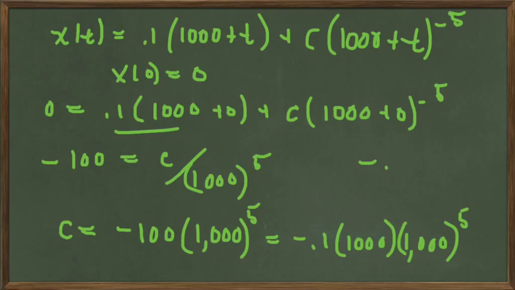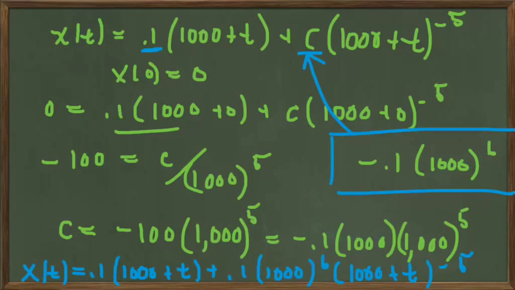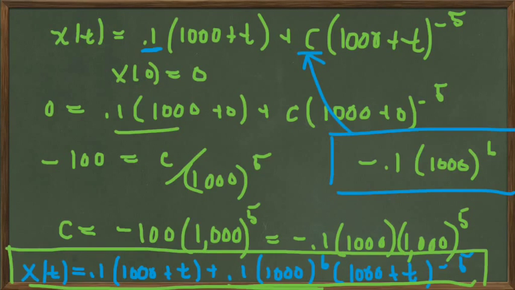So that's the same as minus 0.1 times 1000 to the 6th. I've written that down here on the bottom of the board, plugging in for c the minus 0.1 times 1000 to the 6th power.